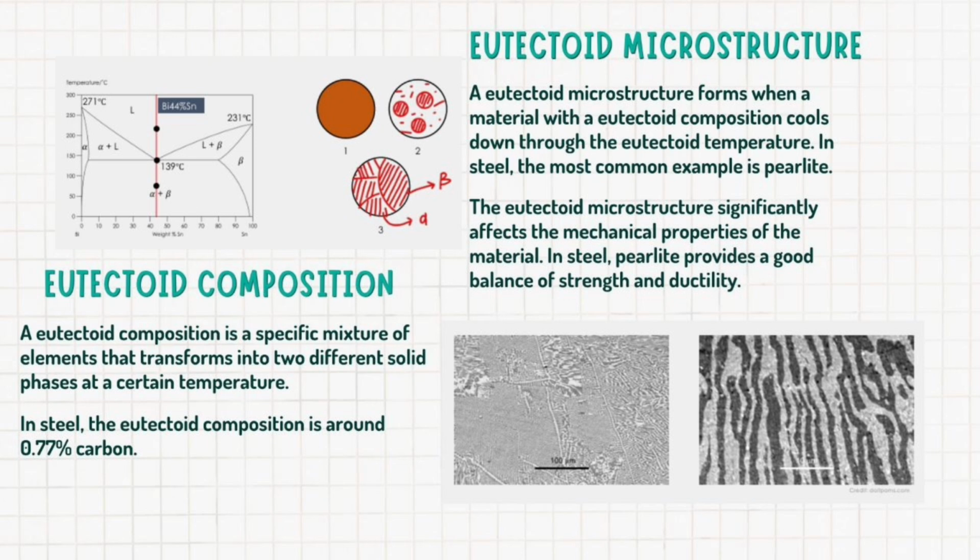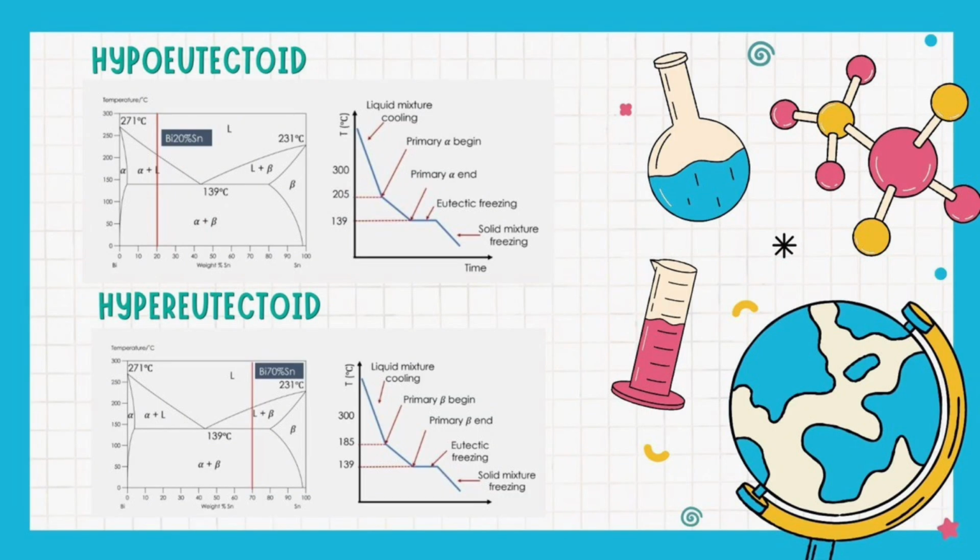For the composition, a eutectoid composition is a specific mixture of elements that transform into two different solid phases at a certain temperature. As you can see, it is in the middle and it is 0.77% carbon. While in the middle is eutectoid, the left one is hypoeutectoid and the right one is hypereutectoid.